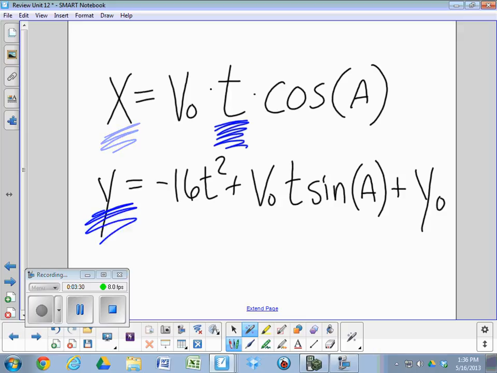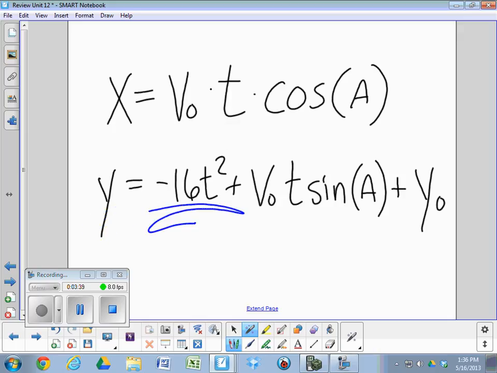Y, however, instead of distance traveled, would calculate its height. The difference there is the effect of gravity, pulling it back down towards the ground. And also, sometimes the object would have an initial height, which is y sub 0.